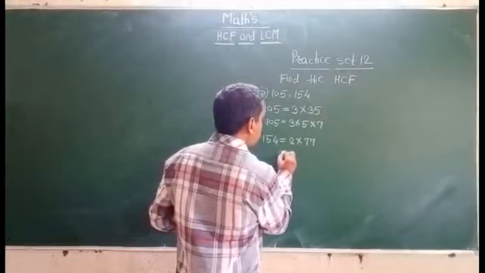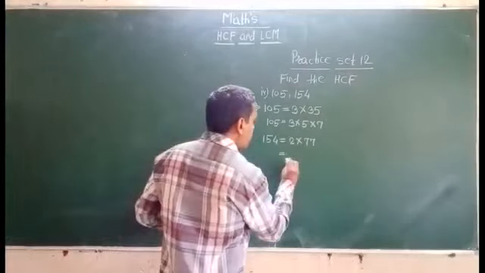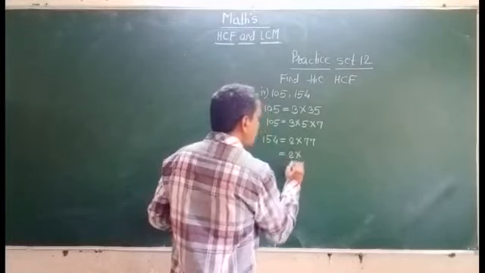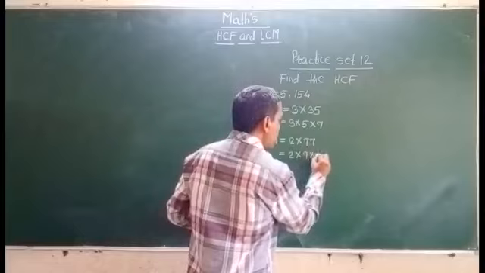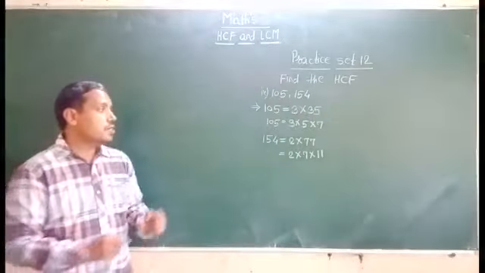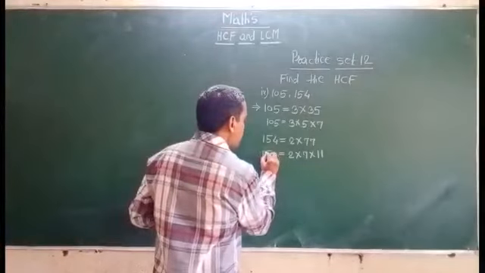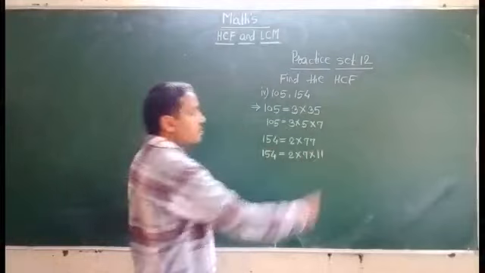Then after that, 77 is again divided by 7. We get the answer 11. So the prime factorization of 154 is 2 into 7 into 11.